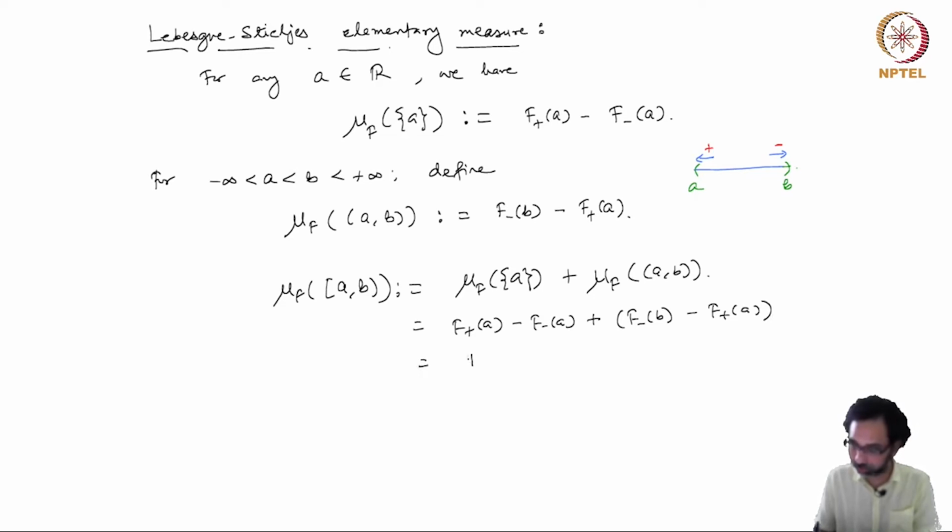So f plus a and minus f plus a cancel out, and this gives us f minus b minus f minus a. Similarly, we can do it for other cases.